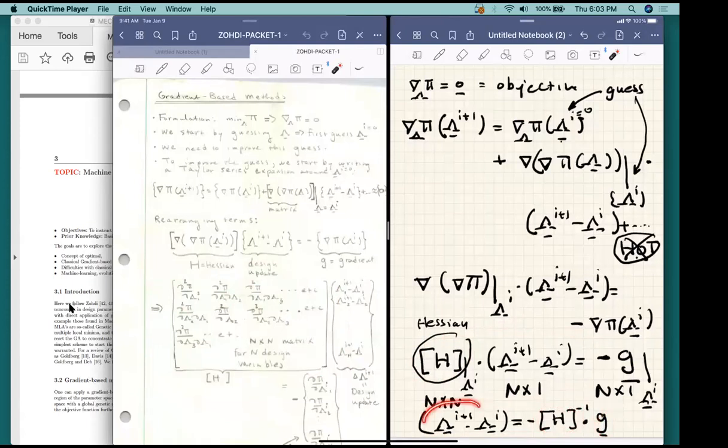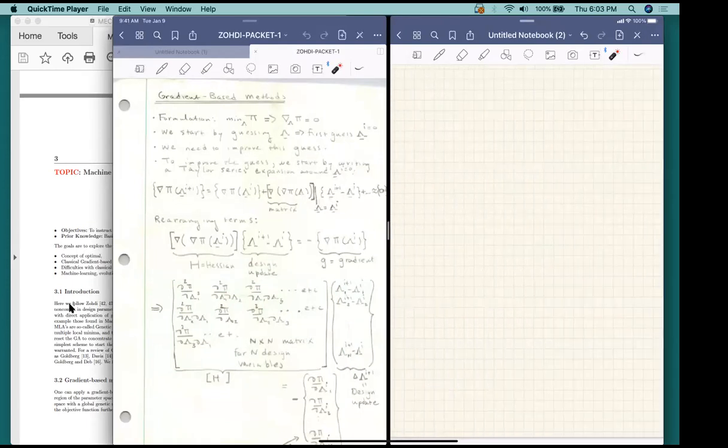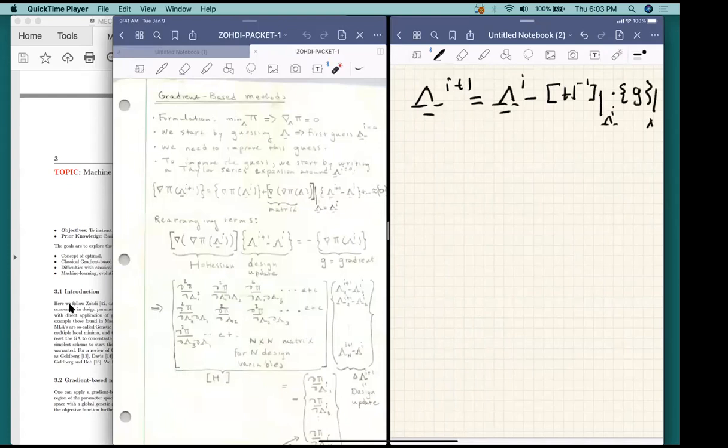Now I can solve for my lambda i plus 1, because lambda i plus 1 is just the previous value, lambda i, brought to the other side of the equation, minus the inverse of the Hessian evaluated at lambda i times the vector G, which is also evaluated at lambda i.